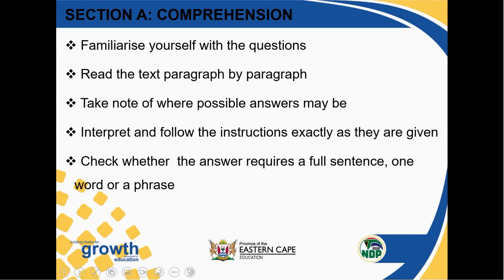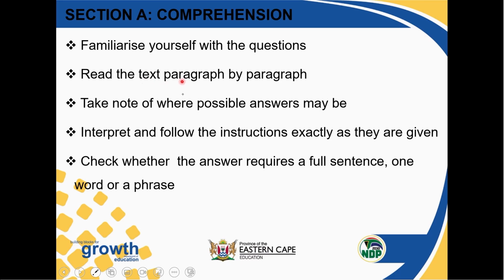So what you need to do is to familiarize yourself with the questions. So after you have been given the question paper, just skim through the text and then go and familiarize yourself with the questions just before reading the text so that you know what is expected from you.